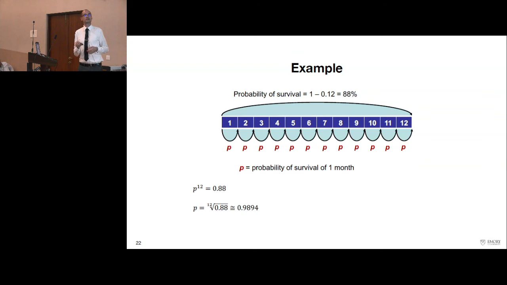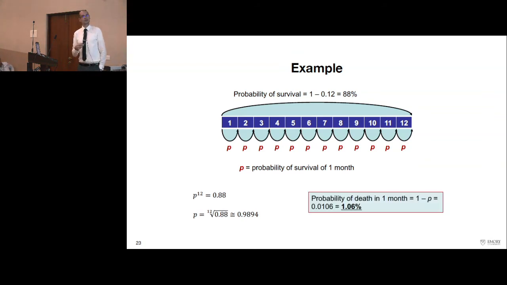When we solve this, we find the probability of survival of a month. And then we flip it back: 1 minus probability of survival of the month would be the probability of death in a given month. So it's 1.06%, sorry. So almost close to 1%, but not quite. But these nuances can make a difference. So be careful about that.